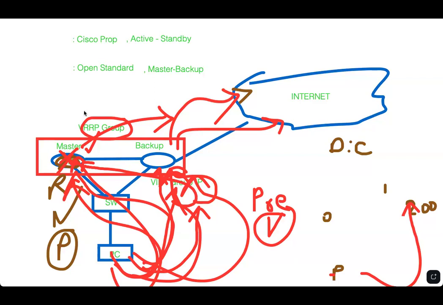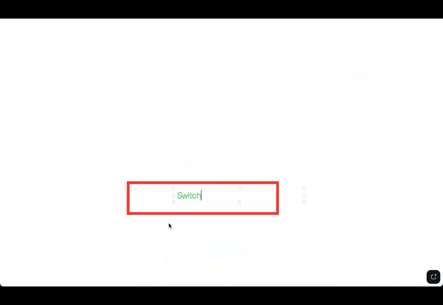Let's talk about the disadvantage of HSRP or VRRP before we go to GLBP. So there is a switch, PC1, PC2.